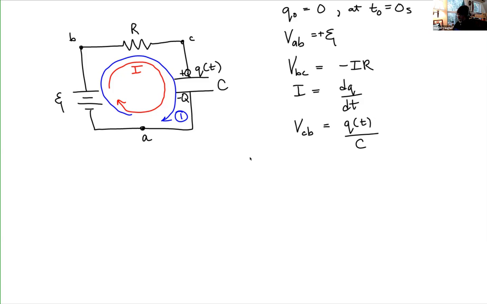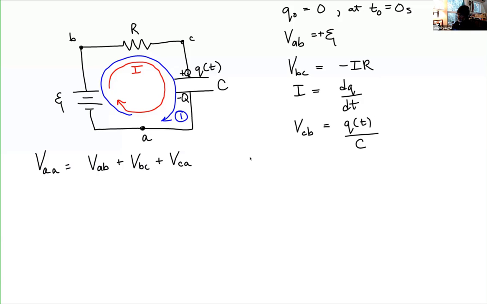Now, those are the potentials of our three components. Let's apply them. The cool thing about Kirchhoff's laws is it gives us a set of equations that we could do something with. Kirchhoff's law for voltage says if we go in a complete loop, starting at point A and ending at point A, the sum of the potential differences across each of our components in the circuit is zero.